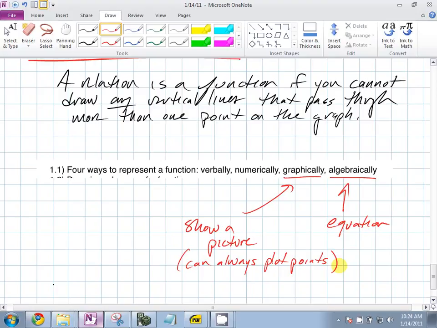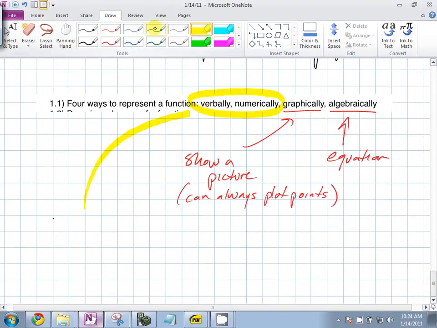Okay, so the ones I want to talk about briefly, or in a little more detail, are verbally and numerically. Let's do the one that's a little bit easier to say. What is numerically? Yes, with numbers. But to numerically describe a function is to describe it with a, what'd you say, Macy? You just said it a minute ago.